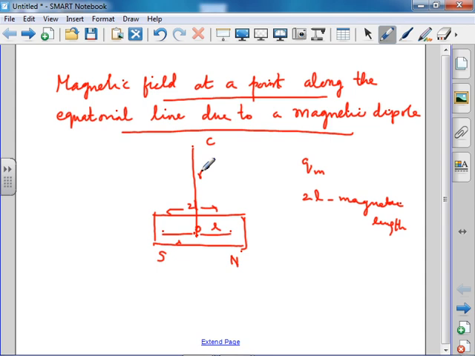Suppose we bring another magnet of unit north pole, that is QMC here, that is, the pole strength at point C is taken as 1 ampere meter, as we bring a bar magnet of unit north pole at C.